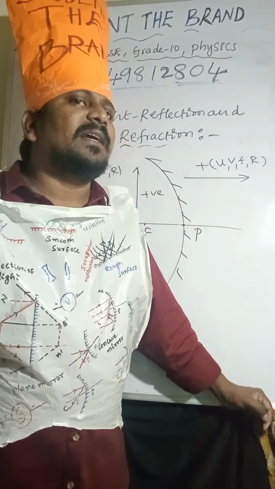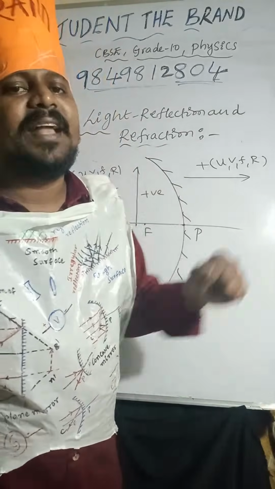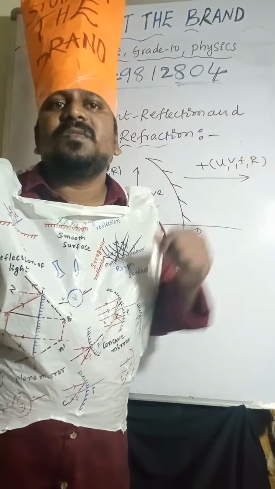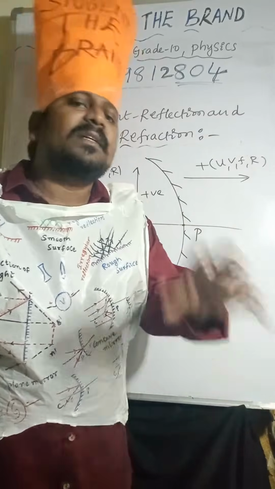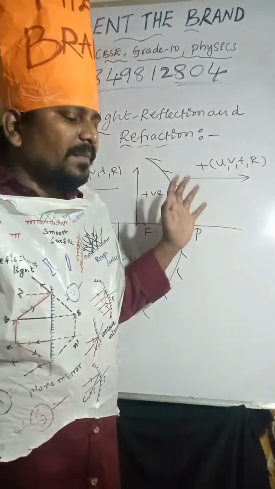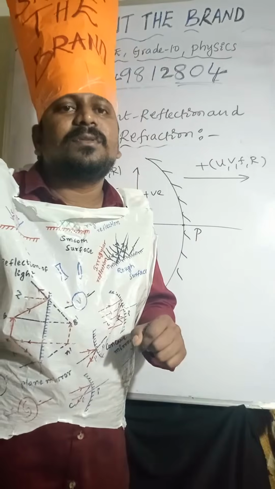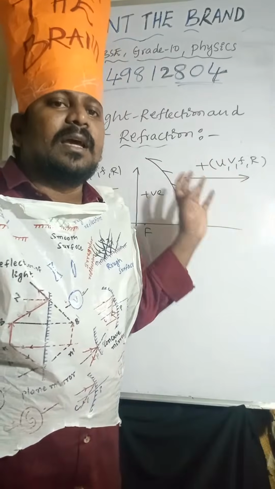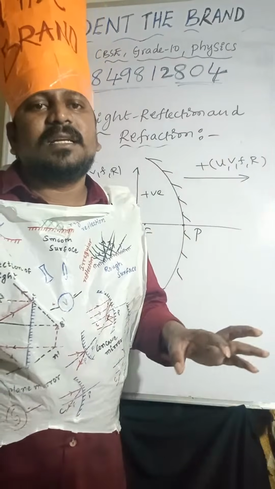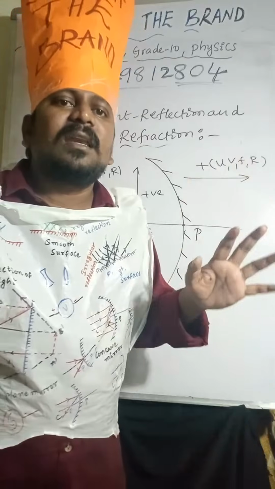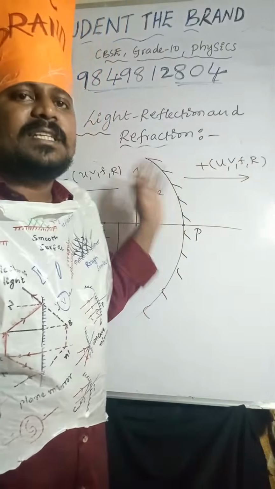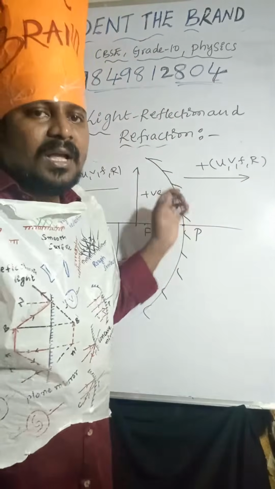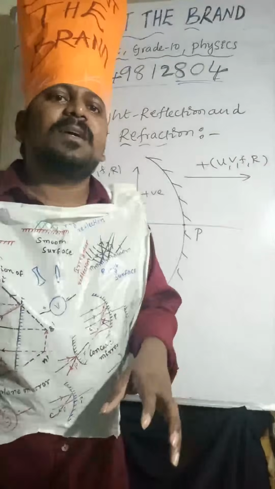New Cartesian sign convention. All distances are measured from the pole. Distances are positive along the incident rays. Distances are negative opposite to incident rays. Distances are positive above the principal axis.